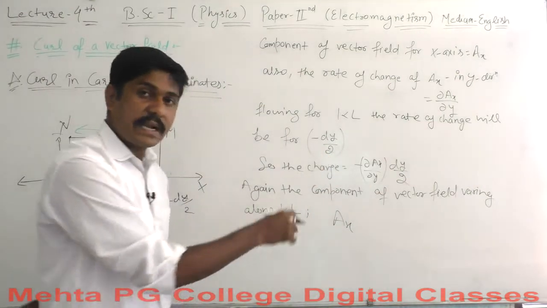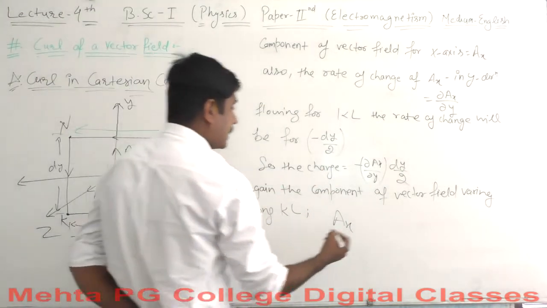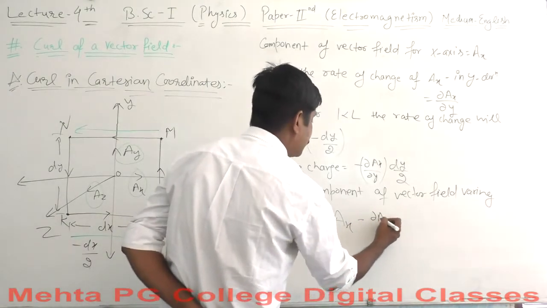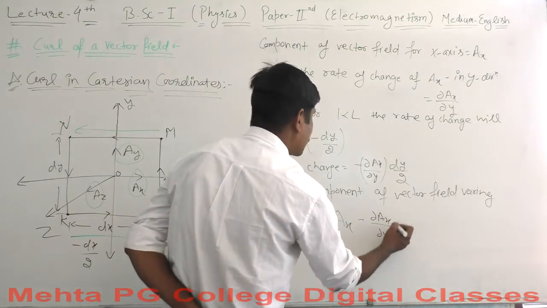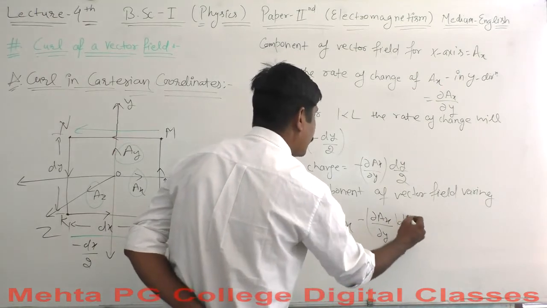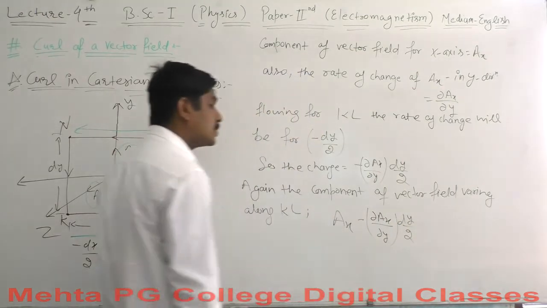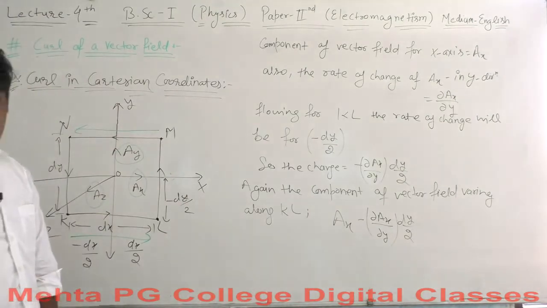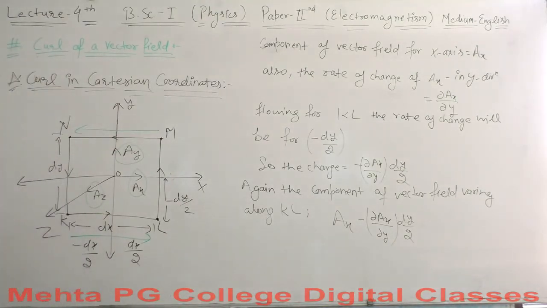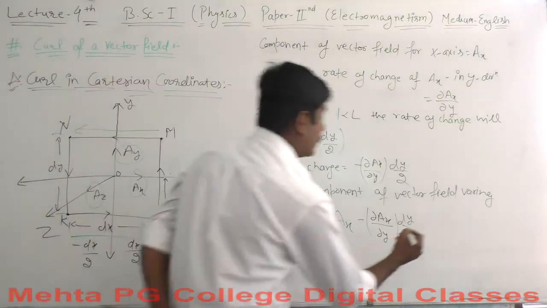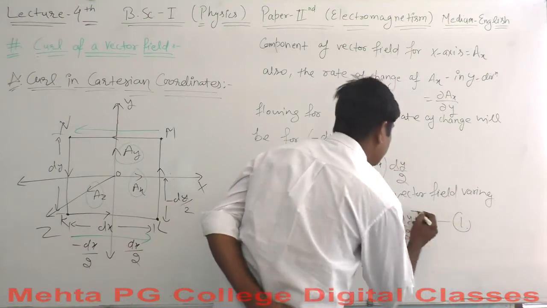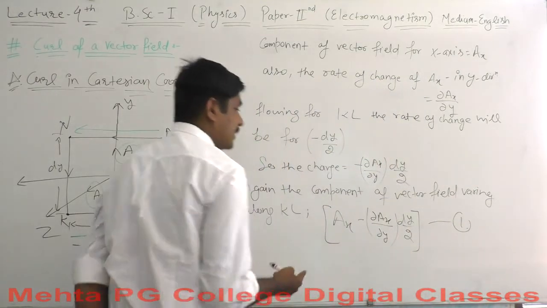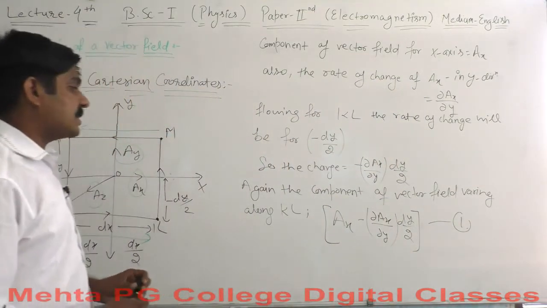If it is negative, then it will be the minus sign here: minus curly Ax over curly y dy by 2. So this will be the change for the direction KL. So this is the change, Ax minus curly Ax over curly y dy by 2. Name it as equation 1. We will need this.